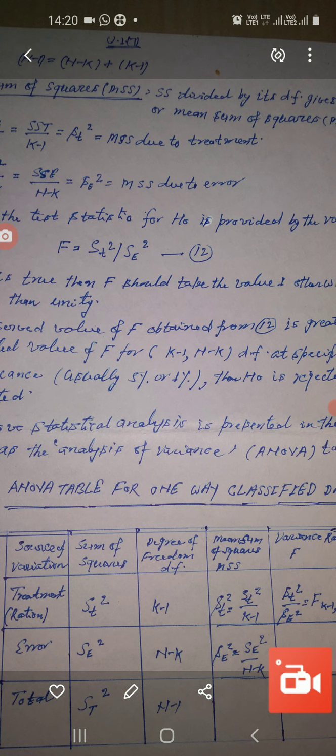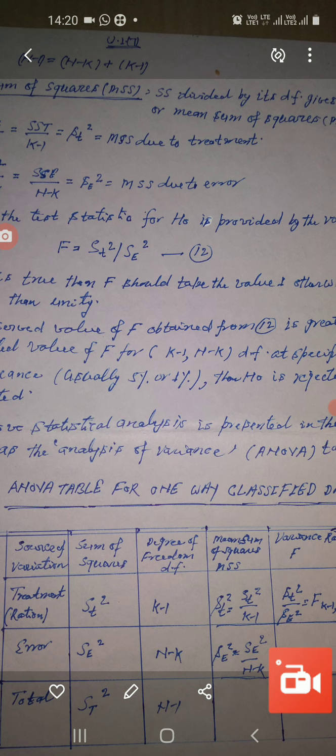Similarly, St square, which is the sum of squares for treatment, there are k treatments, so its degree of freedom will be k minus 1, as summation xi dot bar minus x double dot bar is equal to 0.